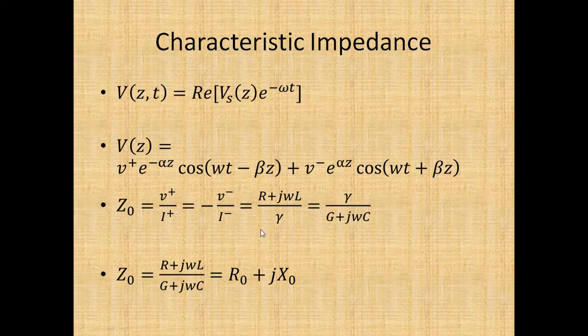Now Z0 is calculated as V plus divided by I plus, or minus V minus by I minus.